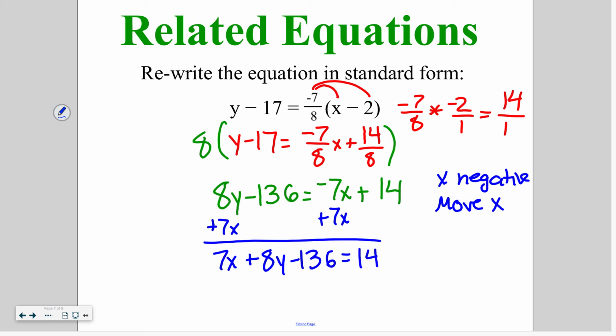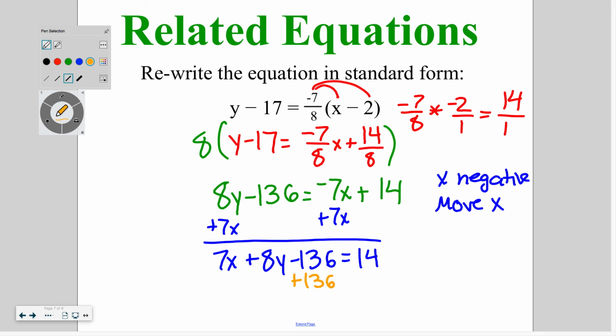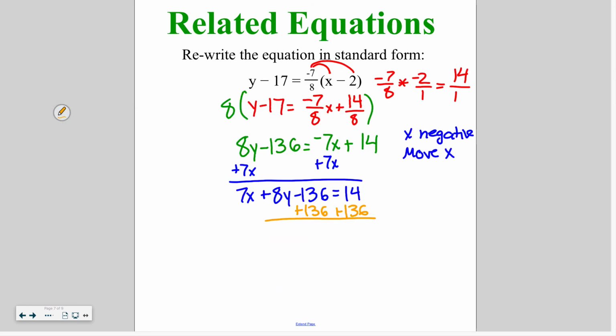I now need to add 136 to both sides of my equation. And when I do that, I end up with a final answer of 7x plus 8y is equal to 150. Again, x is positive, x and y exist, no fractions or decimals, and we can't reduce.